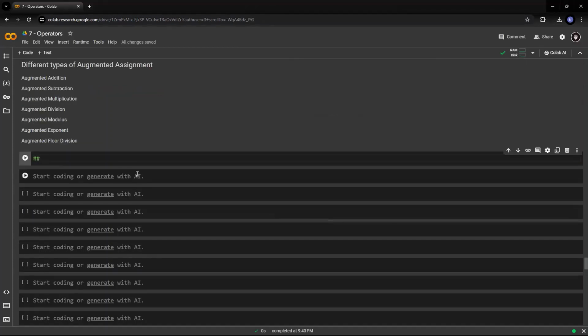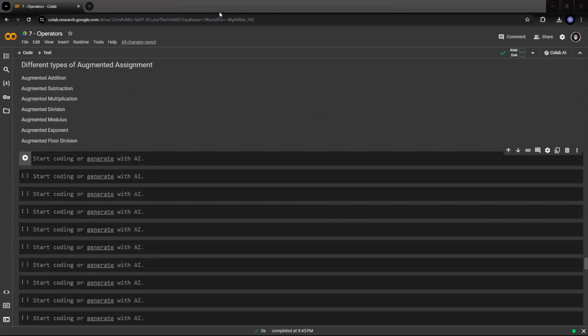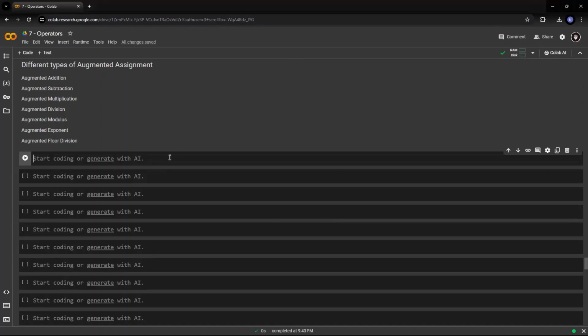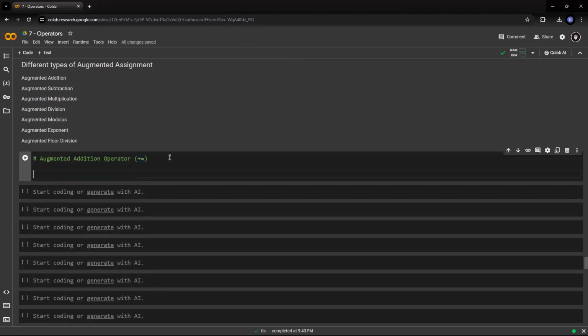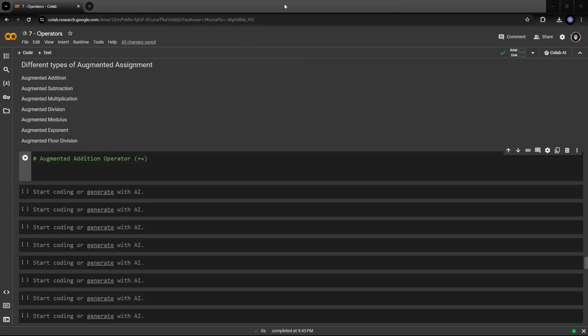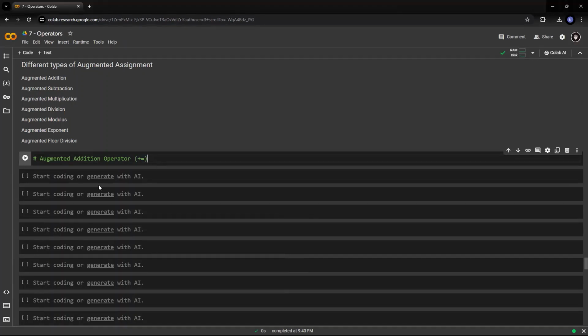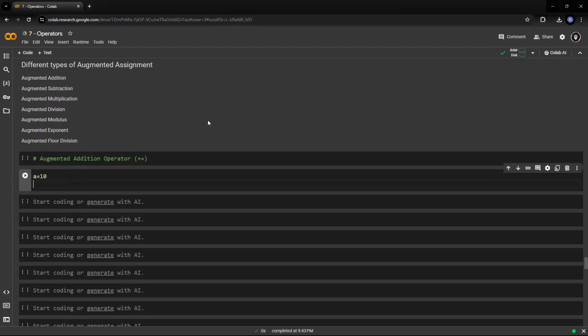Let's first see the augmented addition operator. Now, how is it written? This is augmented addition, so it is plus equals to. Why is this called augmented addition? Let's see some examples that will help us understand this. Let me first create an assignment. A equals to 10 and b equals to 5, which we have earlier assigned.